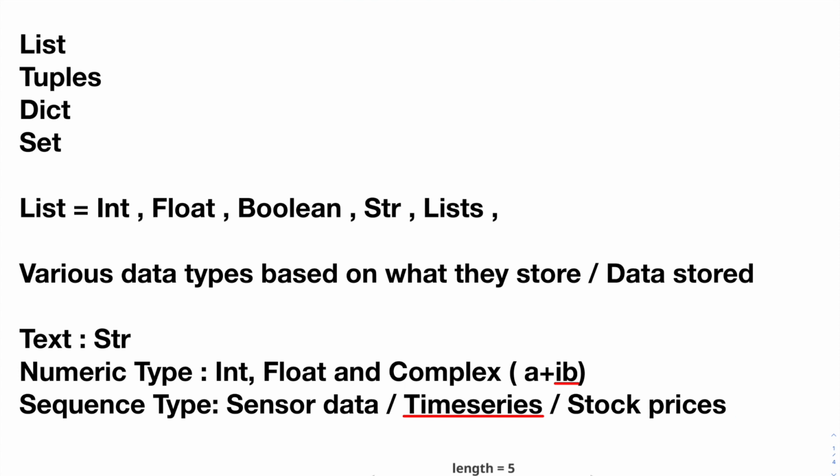So this can be considered time series data. If we have to store this type of sequence data, then the preferred data type or object would be either list, we can store in tuple, or we can store in range. Range is another data type.